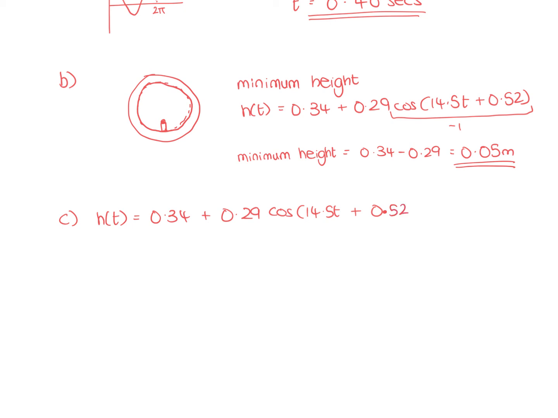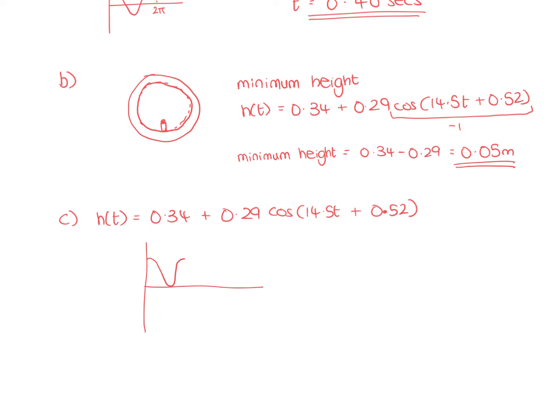So, what they're basically saying is, how long does this take to do one complete revolution? So how long does it take to do one back up and down again, wherever it goes to?